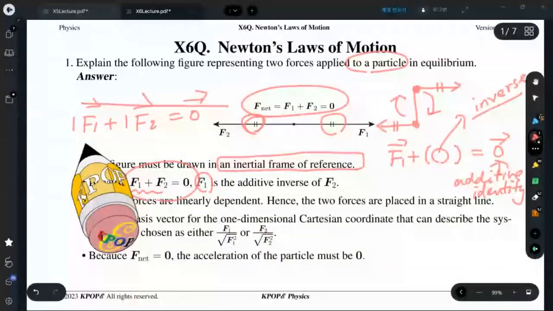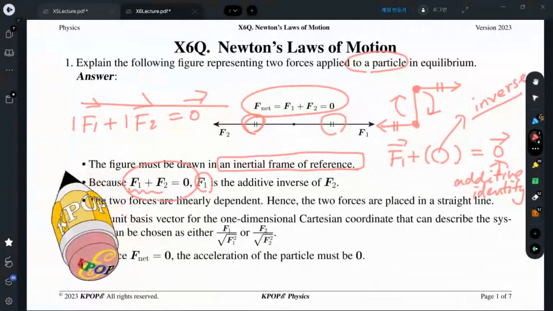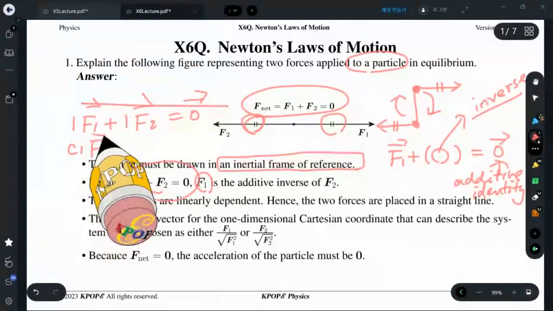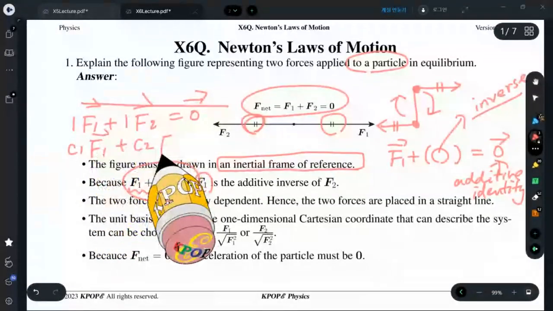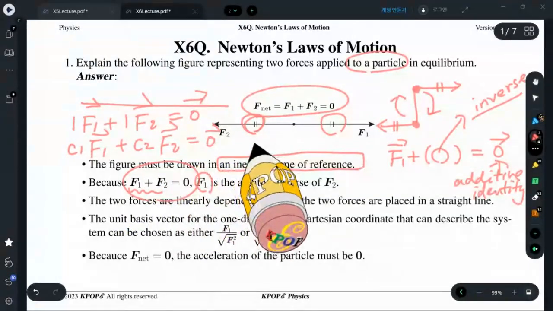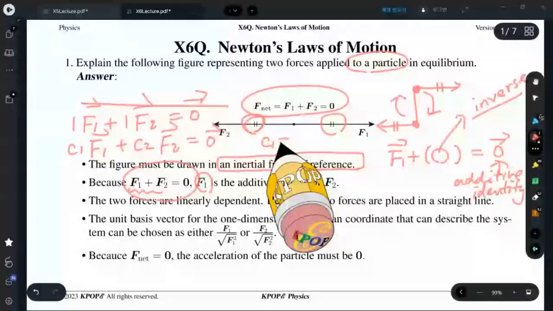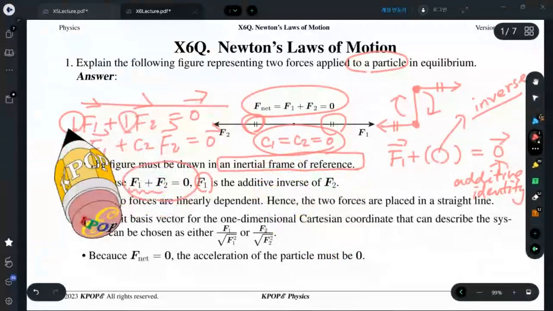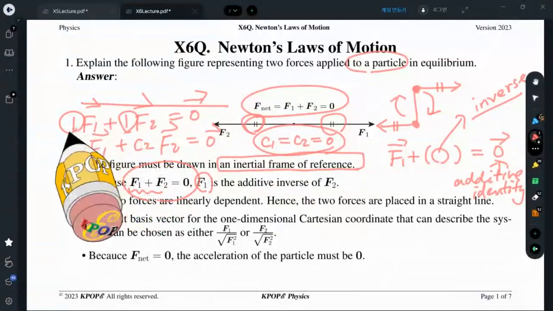The two forces are linearly independent only if C1 F1 plus C2 F2 equals 0 if and only if both of them are 0. We have shown that these coefficients are non-zero.